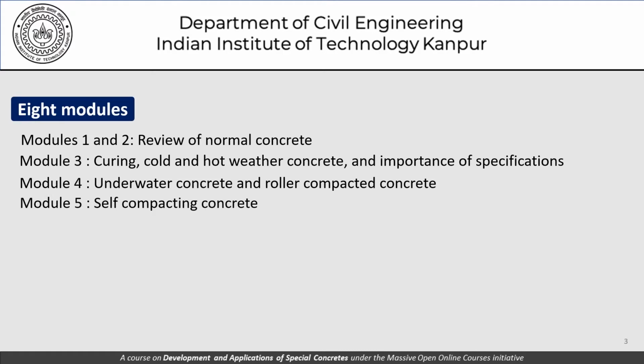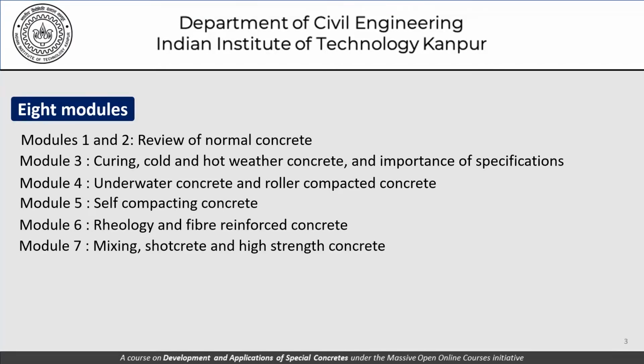In 5, we dealt with self-compacting concrete. In 6, we learned about fiber reinforced concrete and had a treatment of rheology. In module 7, we talked about some mixers, the different kinds of mixing processes, shotcrete and high strength concrete.